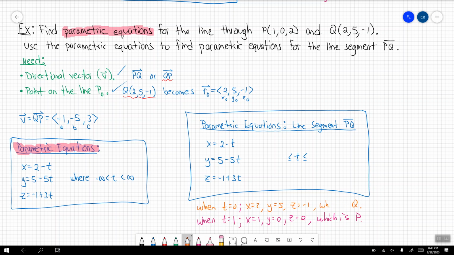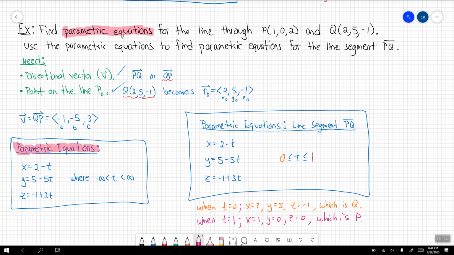Isn't that amazing? Gosh, I love this stuff. In other words, our parameter t is bounded by 0 and 1. And that is no coincidence whatsoever.